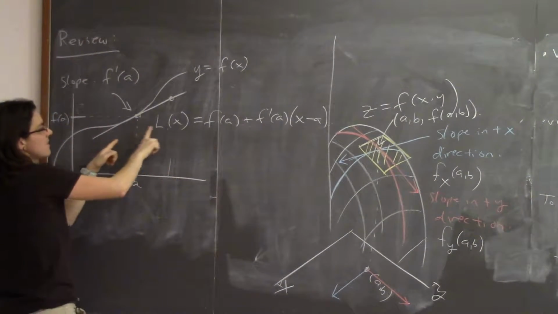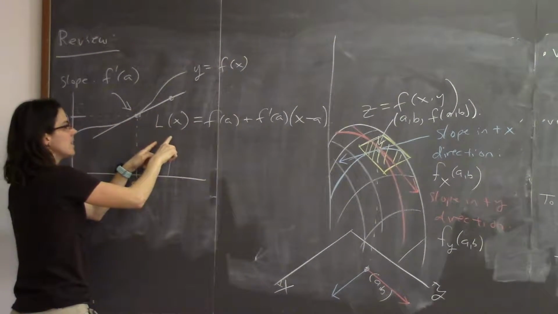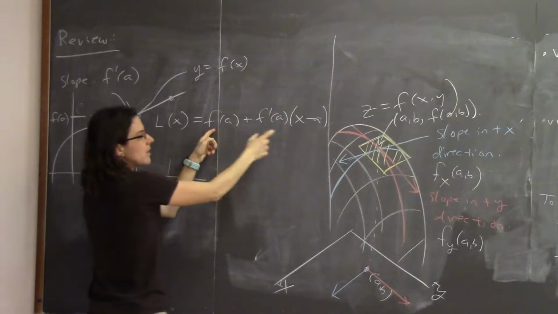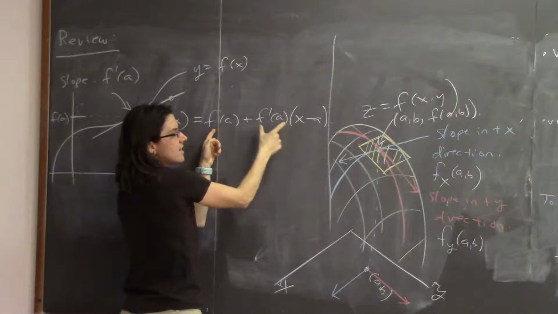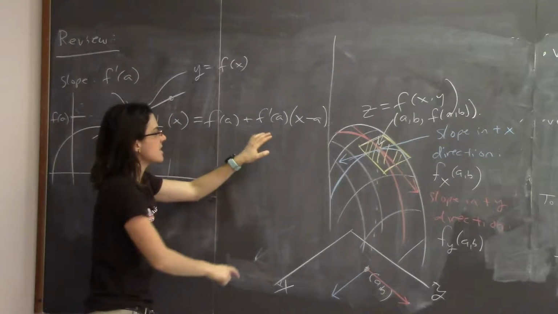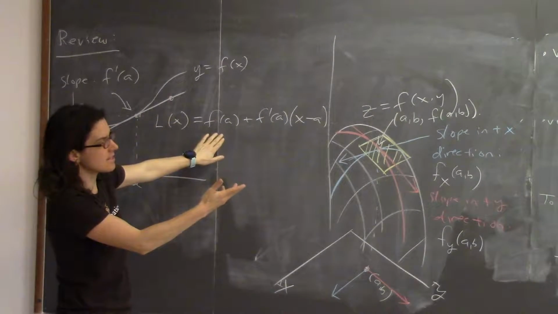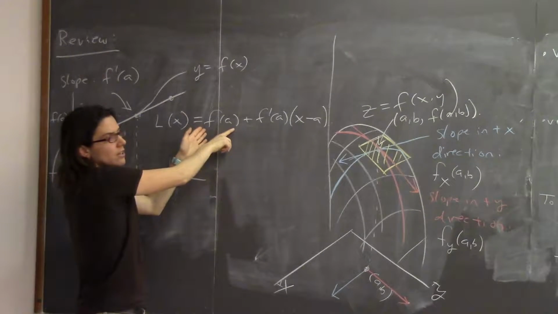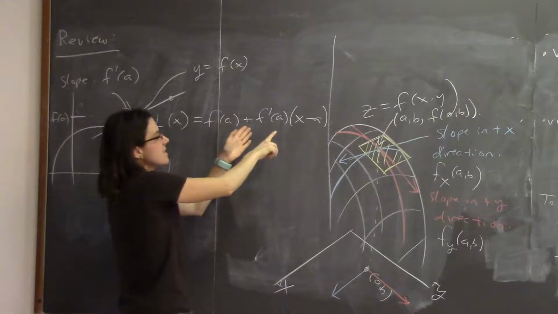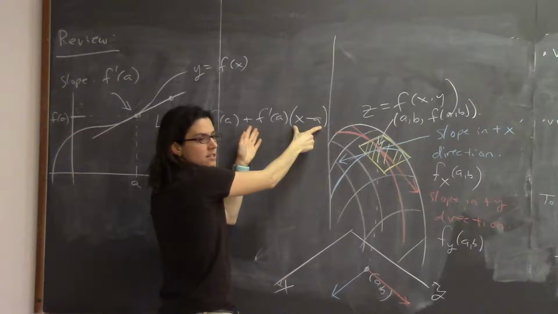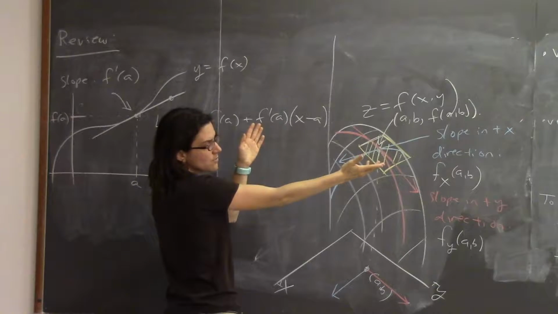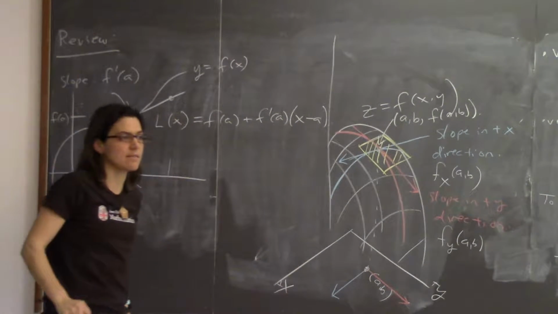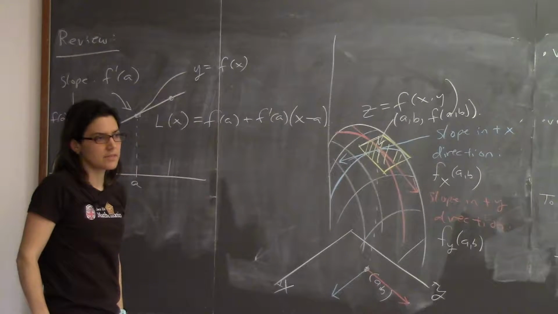We said the value on your line is equal to the starting value, f of a, plus however far away you are from a times your slope. This f of a plays the role of f of (a, b). Then this is slope times distance away for x, and since we have two variables, we also have slope times distance away for y. So it's exactly the same thing, just one dimension up.